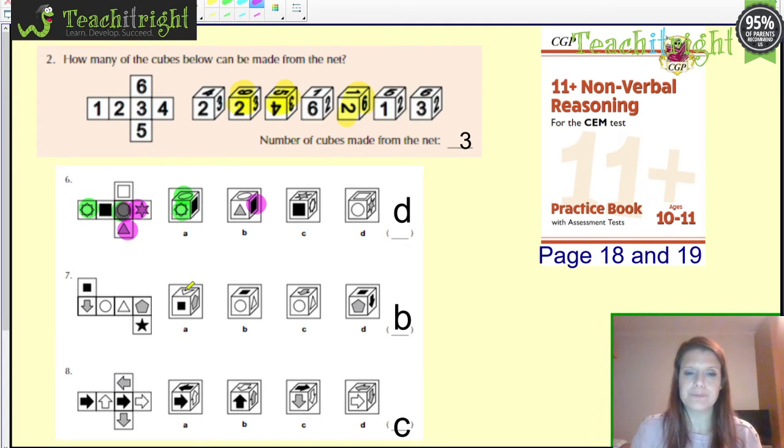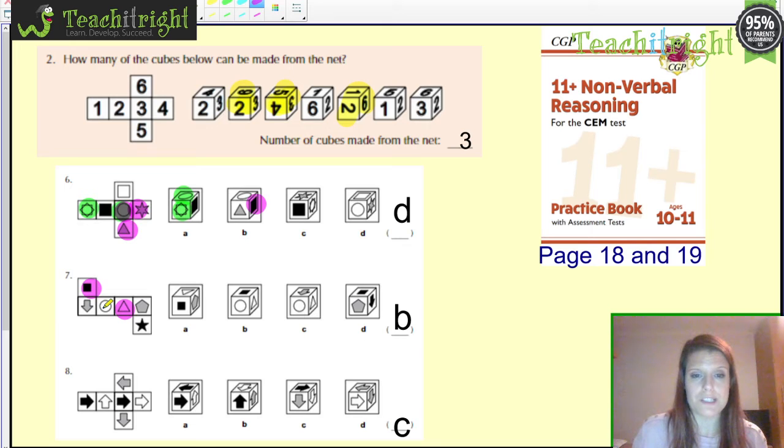For 7, the answer is B. That's the correct answer. It can't be A, again, because if the triangle was on the top, so triangle is here, and the black square was at the front, the face on the right would need to be the circle. Instead, it's something else.